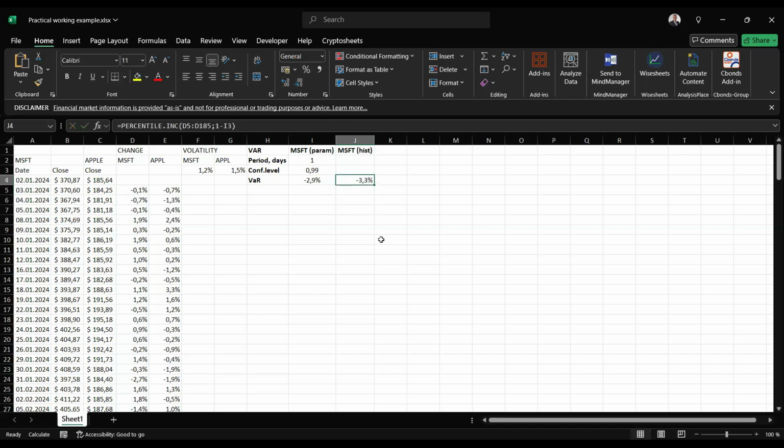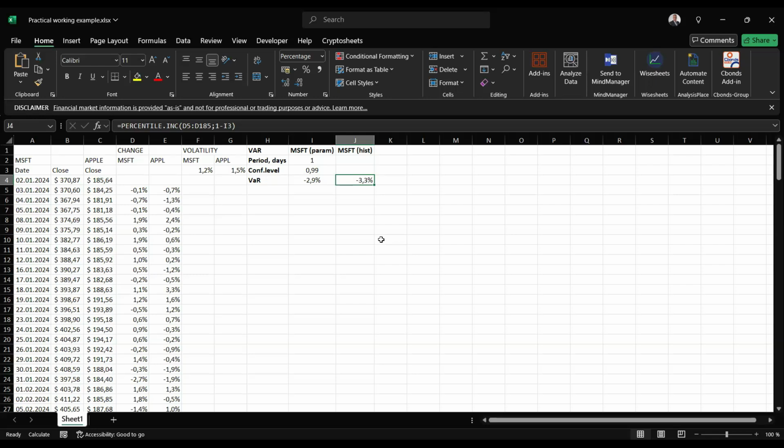It's not bigger by too much, but we can see that our hypothesis of the underestimation of the value at risk, of the maximal loss, for the parametric value at risk actually makes sense.